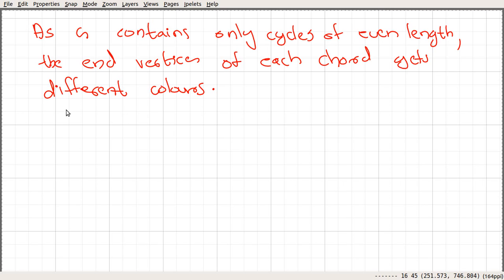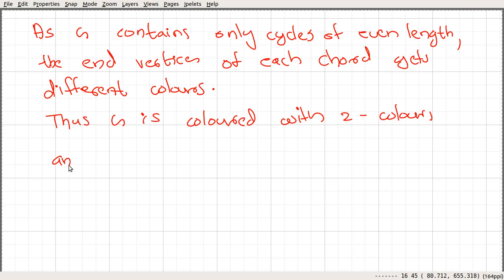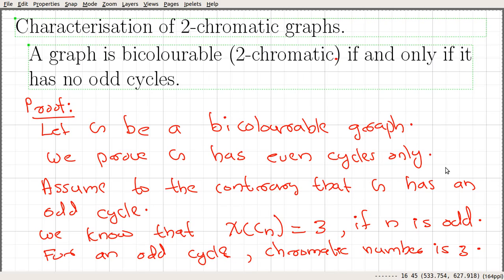Thus G is colored with two colors, and hence G is bicolorable or two chromatic. And that's what we want to prove. So we are able to prove both directions, and that says a graph is bicolorable if and only if it has no odd cycle.